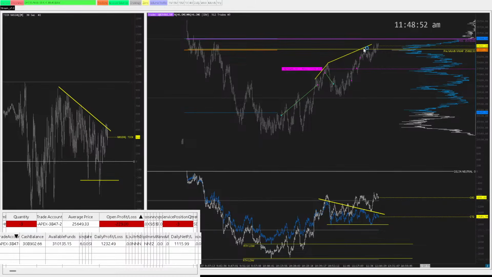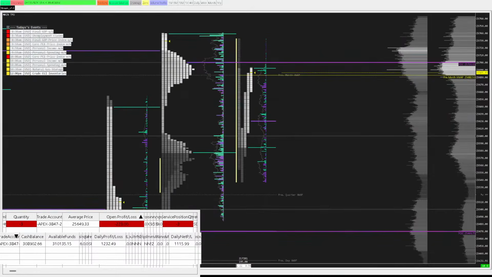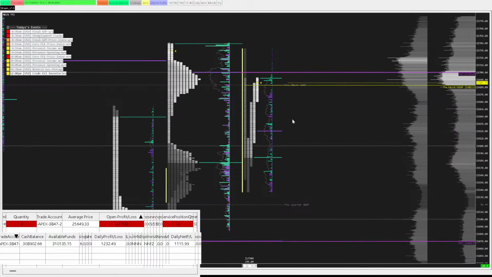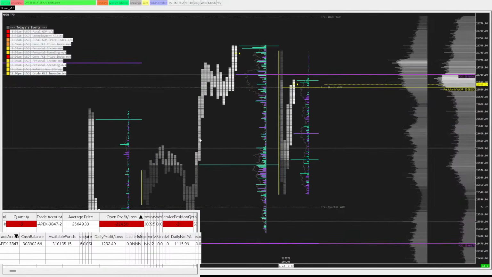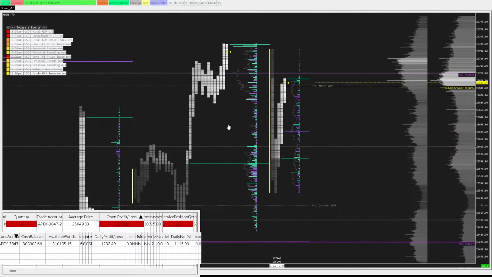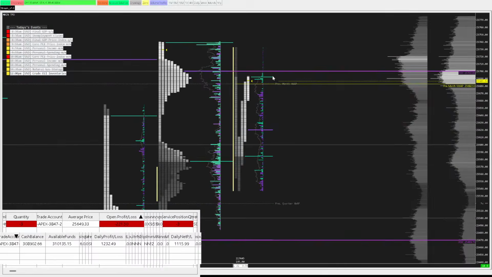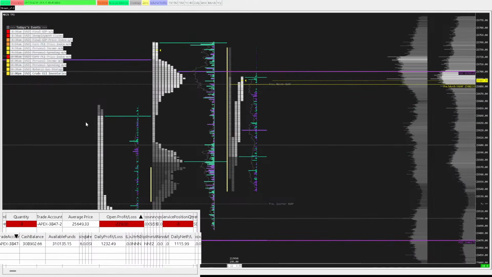I do know that there's a previous month's VWAP here, and there's also a point of control from the TPO here, which is this. Now the thing about the monthly VWAP is that we've passed through it a couple of times, so it's not as weighty as it would be normally if it was a naked, untouched monthly or quarterly VWAP, previous month VWAP, sorry.